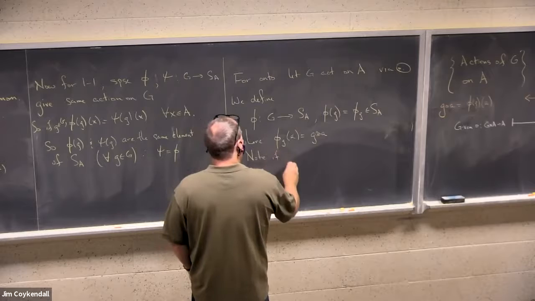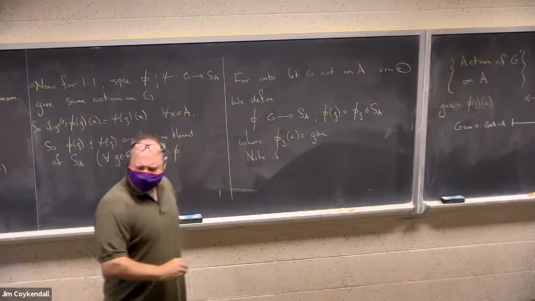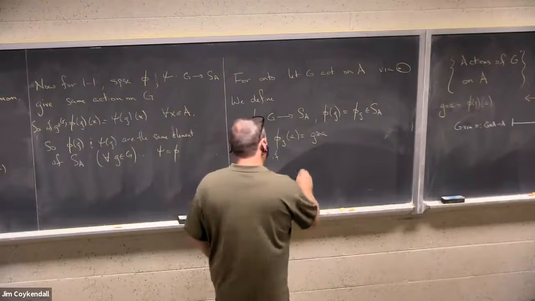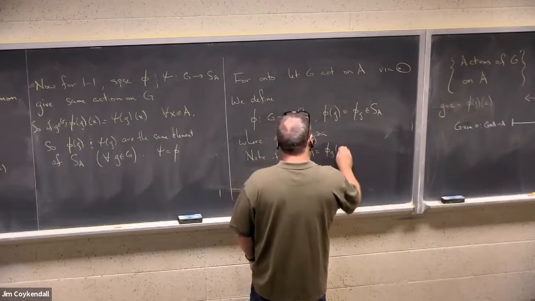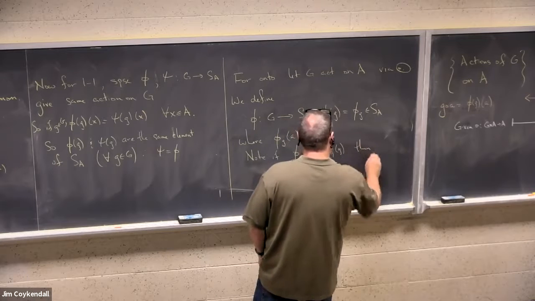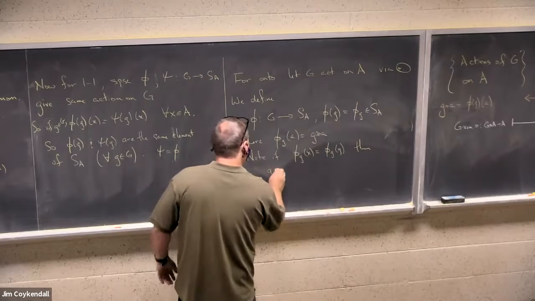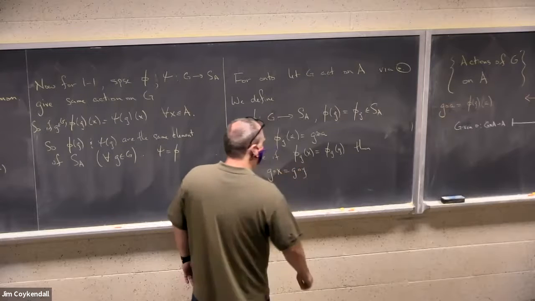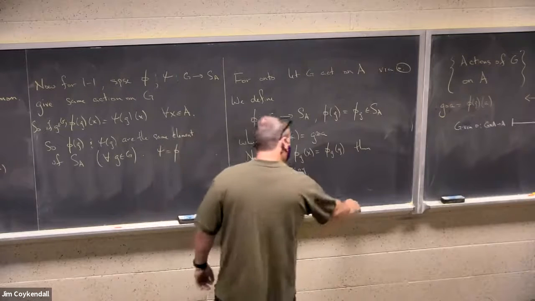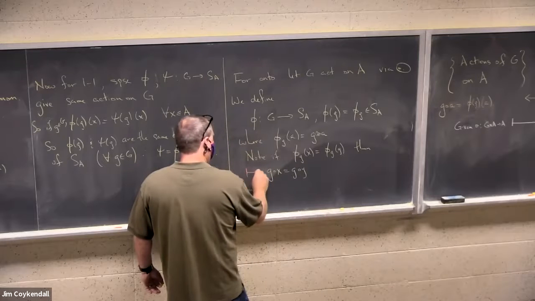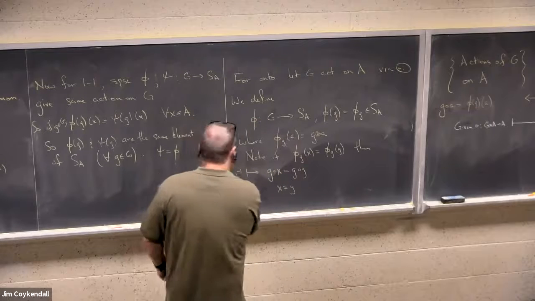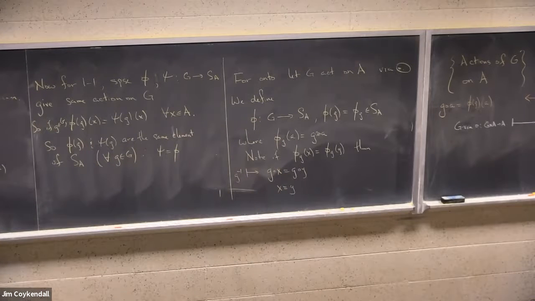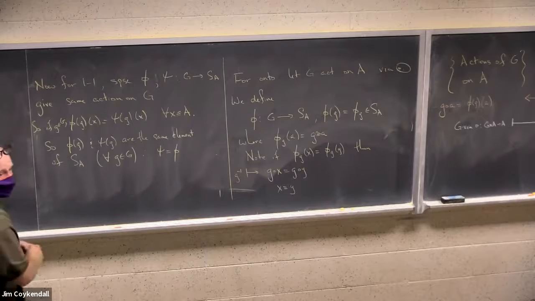Note if G X equals G Y, then by definition, G acting on X equals G acting on Y. And now compose both sides on the left with G inverse, and I get X equals Y. And so this phi sub G is one-to-one.